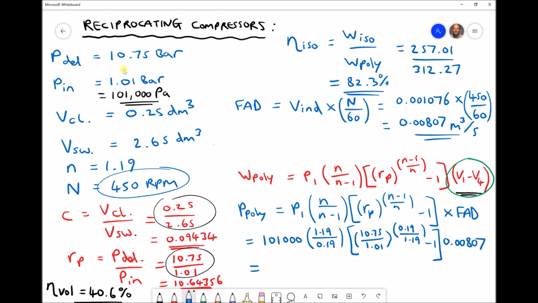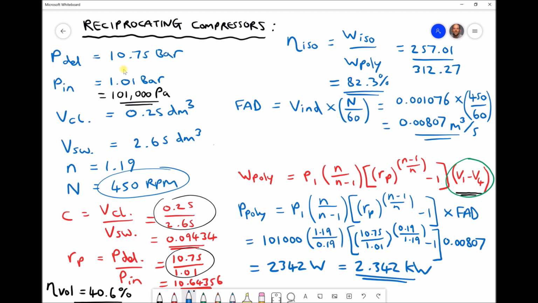Okay, so running that through the calculator gives us a work done every second equal to 2342 joules per second. Well, joules per second are watts, so we have 2342 watts. Or expressing that in kilowatts, we have 2.342 kilowatts of power. So our compressor here is consuming 2.342 kilowatts of power in order to compress and deliver our air into the air receiver.